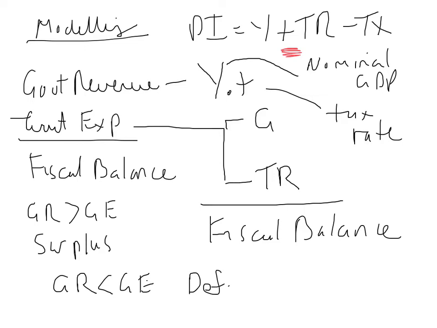Yep, you've got it. So, let's go back to this. If the government revenue is greater than the government expenditure, then we would talk about this as being a fiscal surplus. If, on the other hand, we're talking about this situation, then we'd talk about a fiscal deficit.